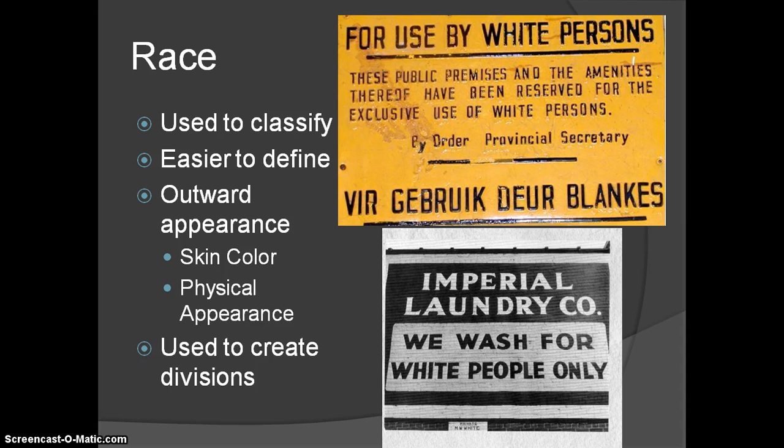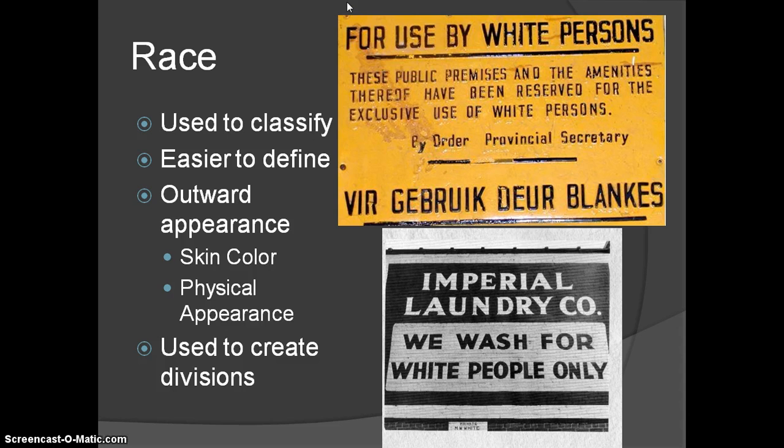So some examples I have here: this top sign is a sign from apartheid South Africa, talking about the places that were available for whites and for blacks, but then you also had groups that were called coloreds.